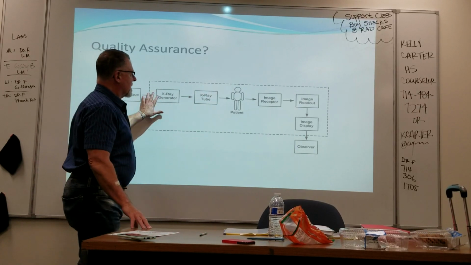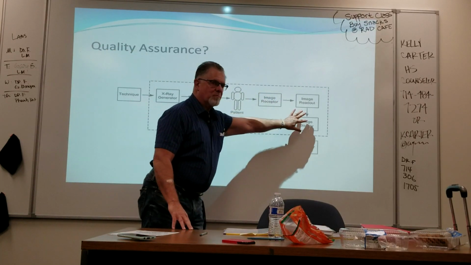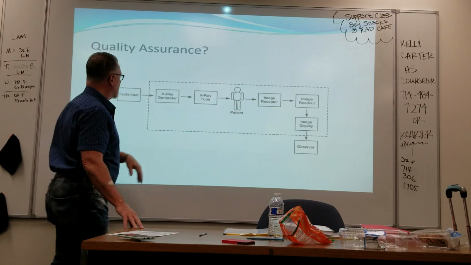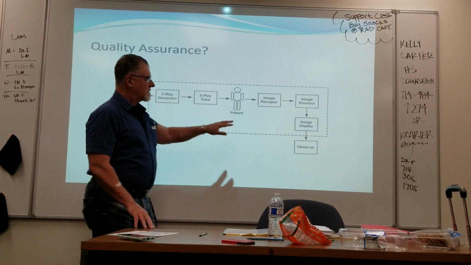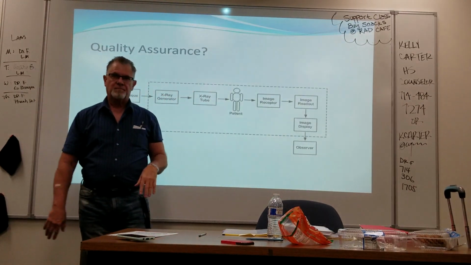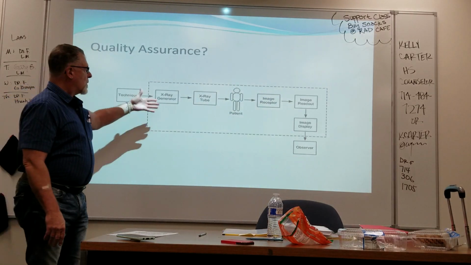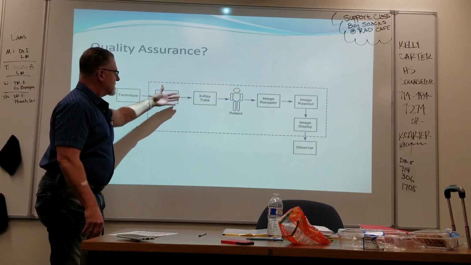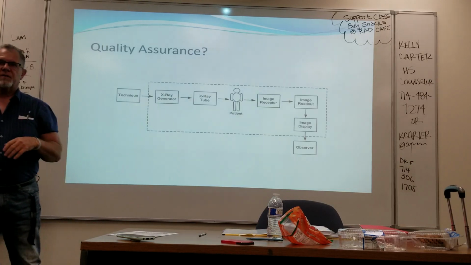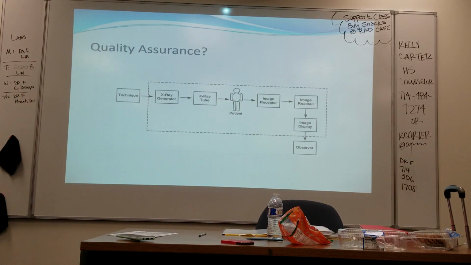So this is kind of all behind the curtain, if you will. You have technique, and this is what the radiologist sees. Each one of these processes can have different tests that control each of these particular boxes, and those can be evaluated on some basis.